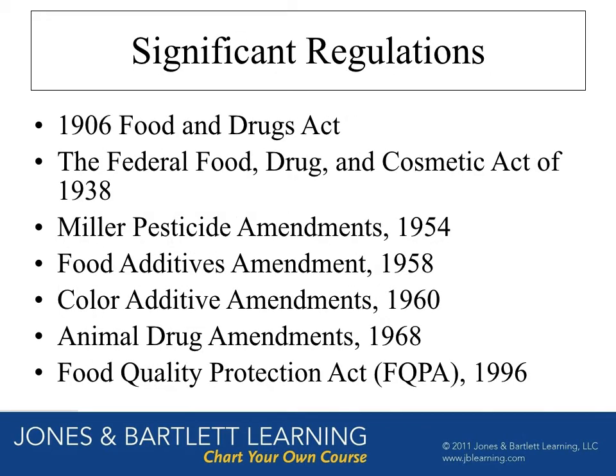Some of the development of food safety began in 1906, so it's been noticed for a long time, and I want you to remember back to when we talk about food safety in 1906. So this has been underway in the U.S. for quite some time.